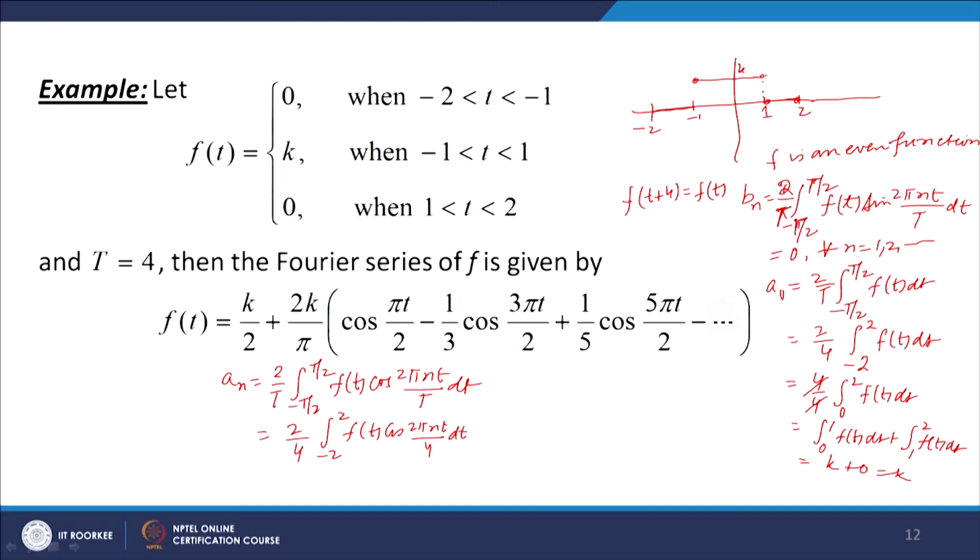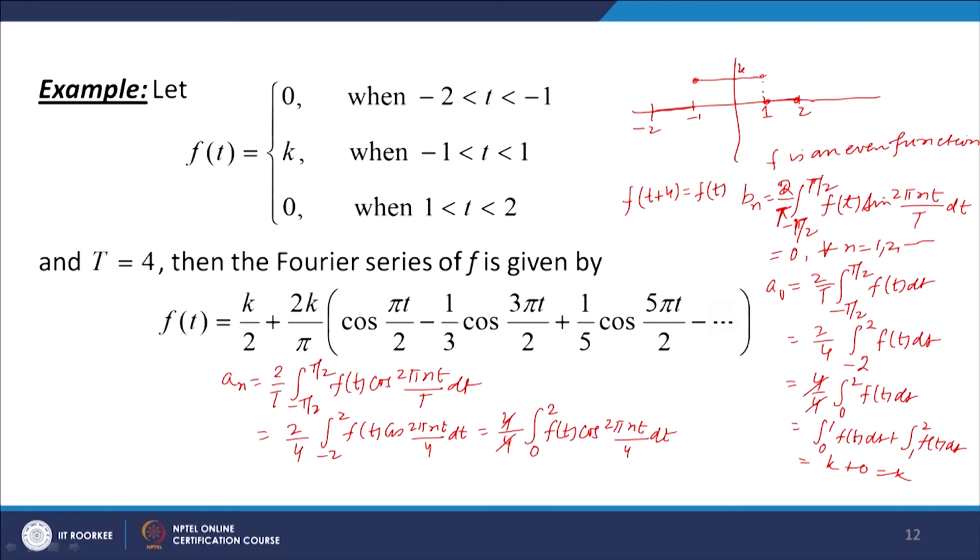F is an even function, and cosine is also an even function. So, we get the integral from minus 2 to 2 as 2 times the integral from 0 to 2. So, we get 4 over 4, integral from 0 to 2 of f(t) cos(2 pi n t over 4) dt. Over 0 to 1 the function is k, and over 1 to 2 the function is 0.